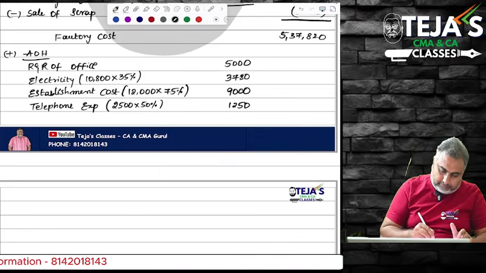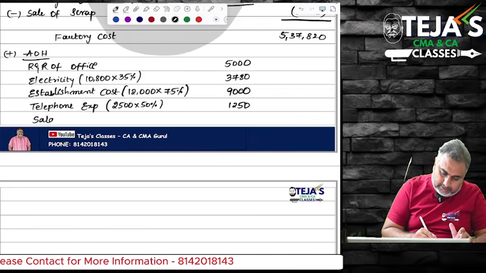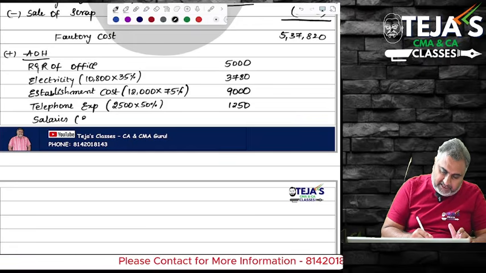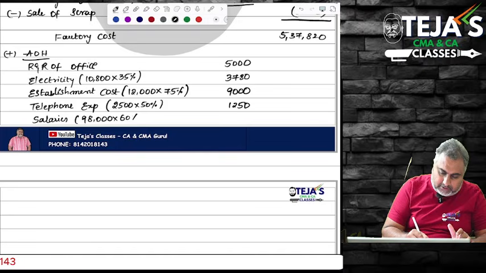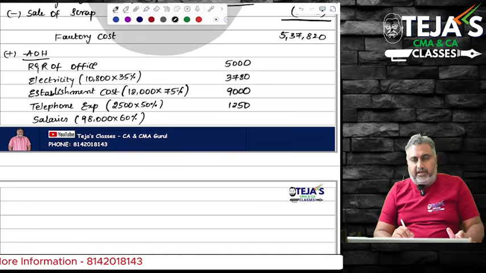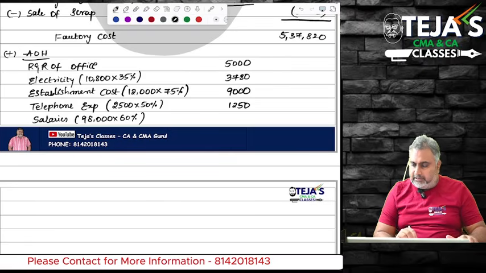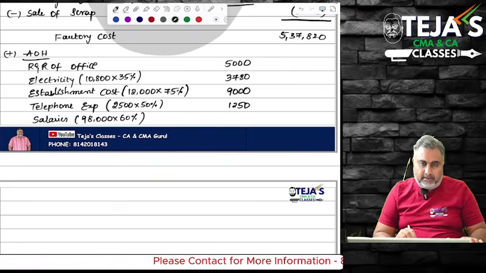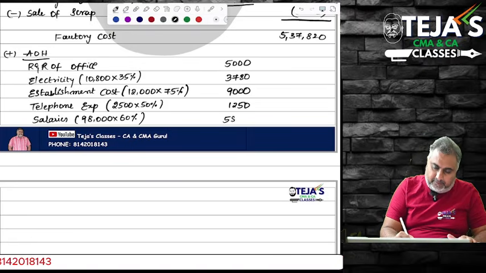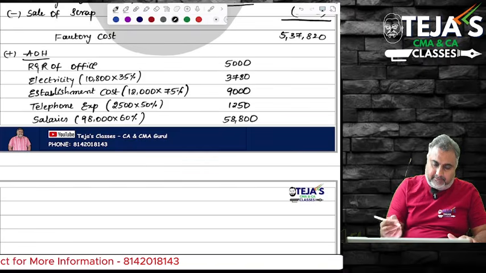Next, salaries. 98,000 into 60% belongs to office, that is 58,800.